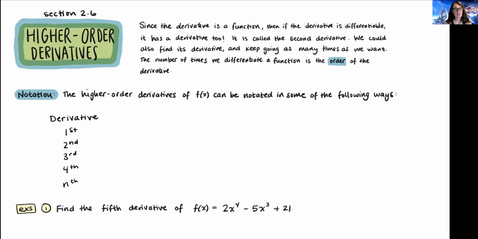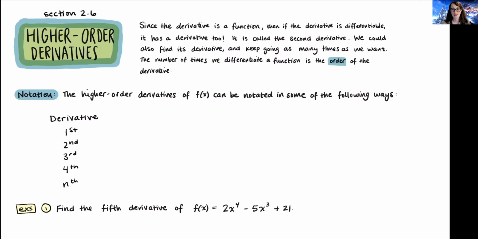But there are second, third, fourth, fifth, sixth, hundredth, thousandth if you want. And we will see an application of these. Beyond the third derivative, there isn't really much of an intuitive meaning to these.